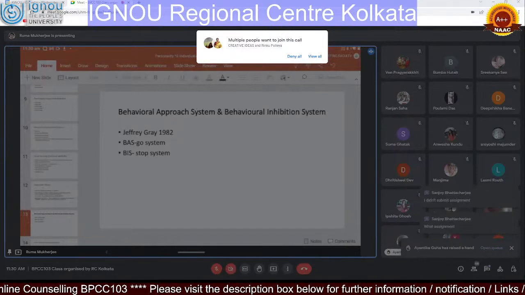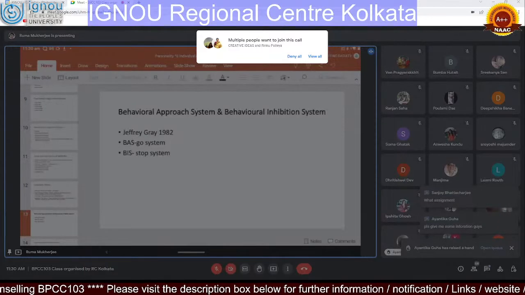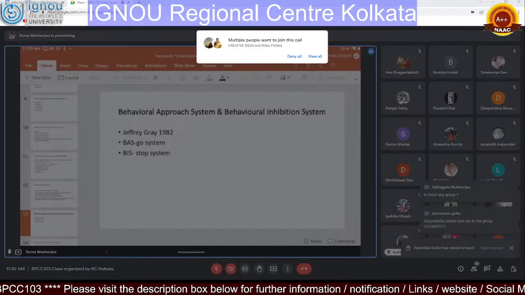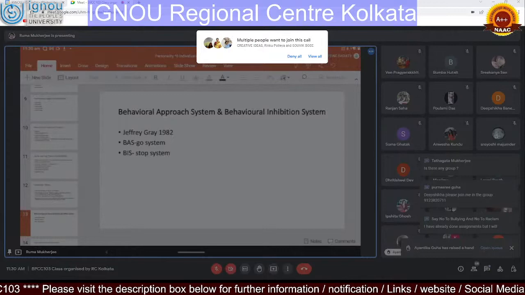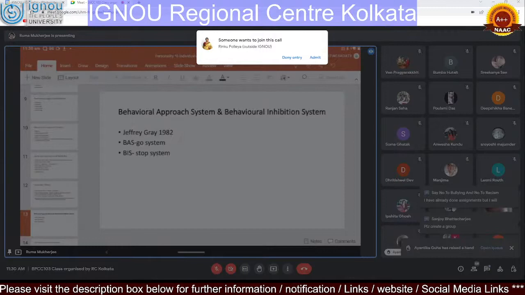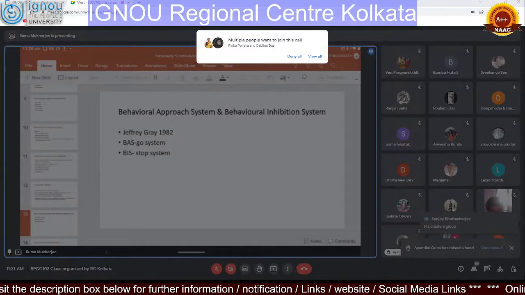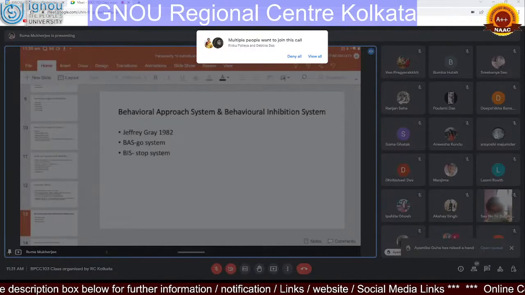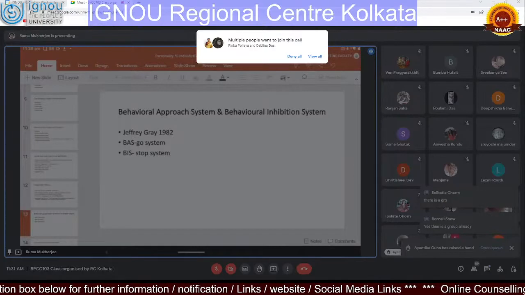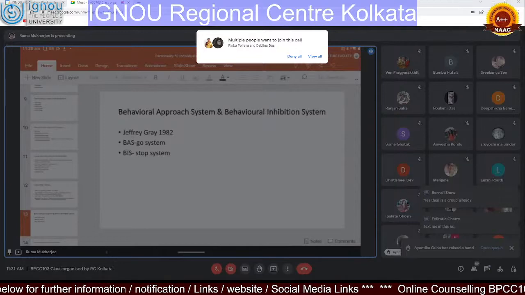The stop system of the brain inhibits behaviors that may lead to anxiety. So this is the go system, and this is just the opposite, the stop system, which always inhibits the behavior that can lead to anxiety. So the individual here wants to avoid any type of punishment or bad experience, etc. So BIS can be linked to the previous neuroticism, and BAS can be related to the extroversion part.